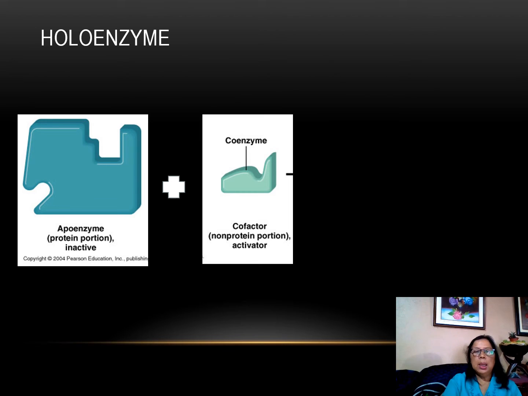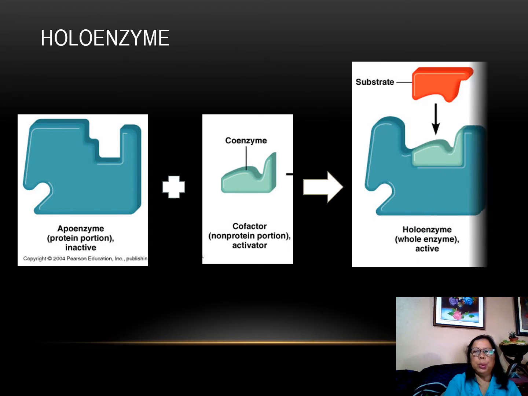As a protein portion, the apoenzyme is inactive, whereas the coenzymes are cofactors that serve as activators. So the coenzyme helps the apoenzyme in order to act on a substrate in the enzyme reaction.